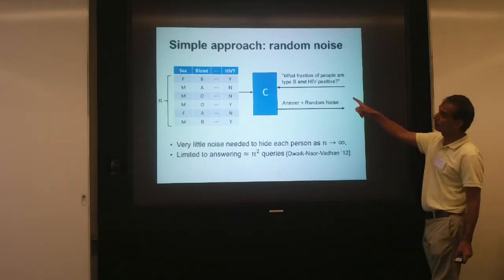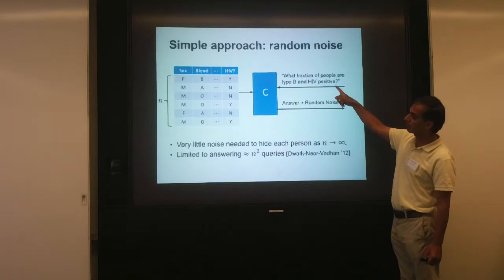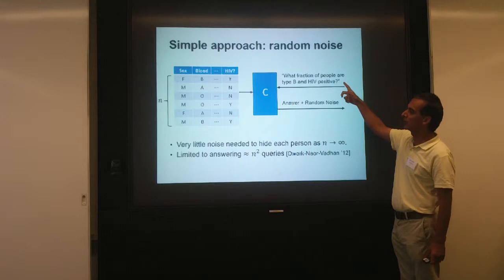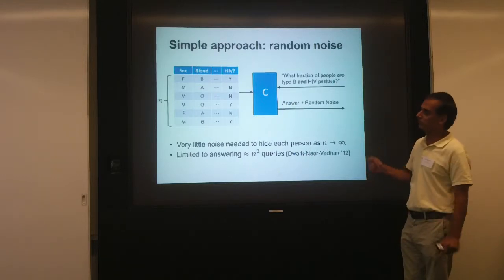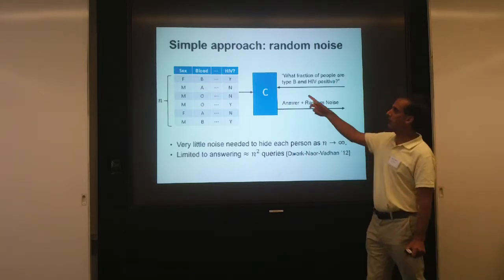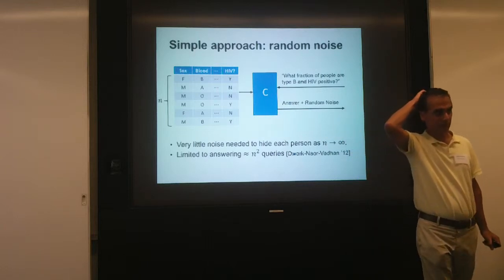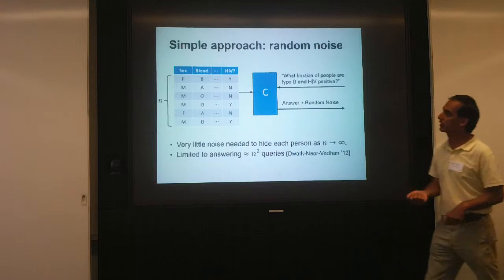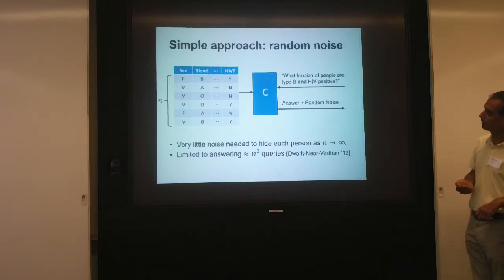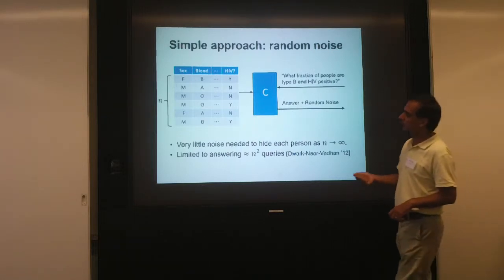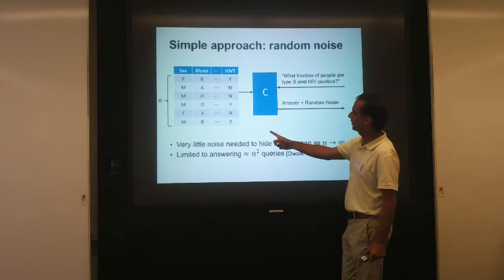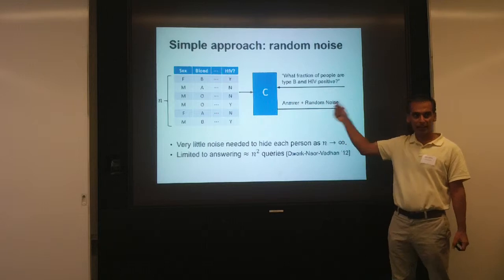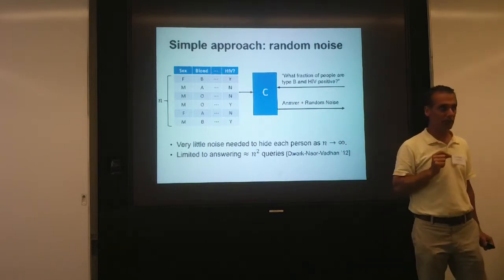So imagine we ask a query like a count, but I like to think of them as fractional counts. What fraction of the data set is blood type B and HIV positive? Just asking for a count. You can replace this with any other type of count that you're interested in. And the claim is that we can get differential privacy by taking the actual answer and adding a small amount of random noise to it.